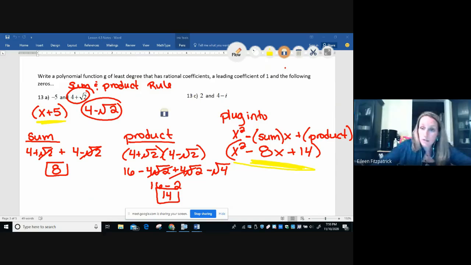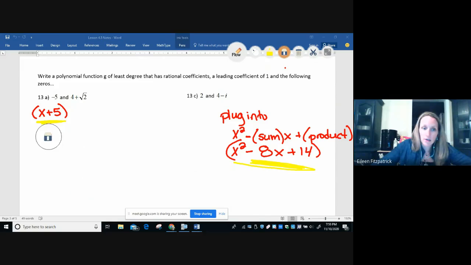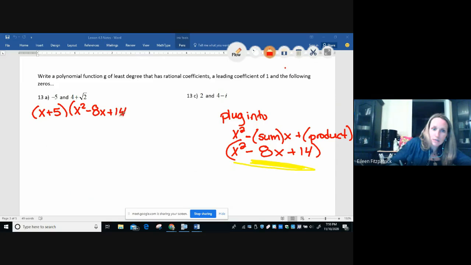All right, I have to erase some stuff to give myself room. So what you need to do next is take your two factors. So x plus 5 is one factor. And I'm going to write this one right next to it. So I have x squared minus 8x plus 14.